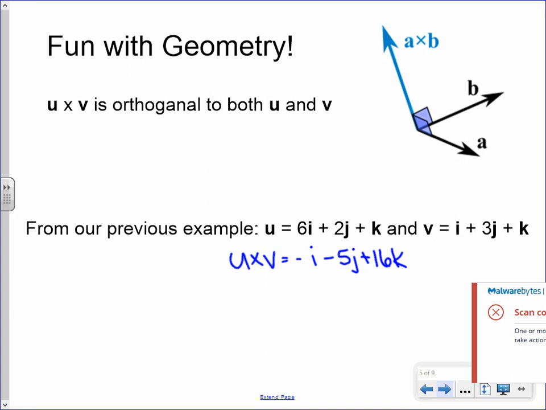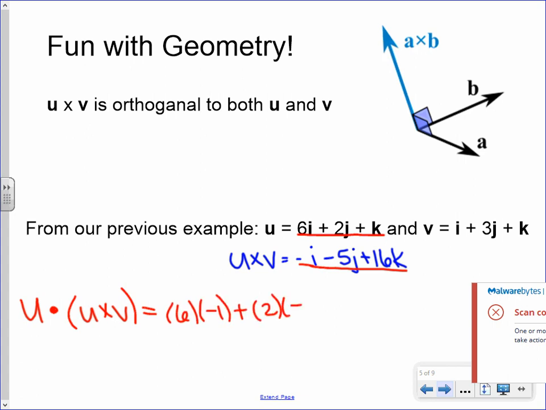What I want to do is take U and take the dot product with our U cross V. So basically I'm taking these two right here that I'm underlining in red. I want to take the dot product of those two vectors. What should we get if it's a 90-degree angle? We should get 0. So we have 6 times negative 1 plus 2 times negative 5 plus 1 times 16.